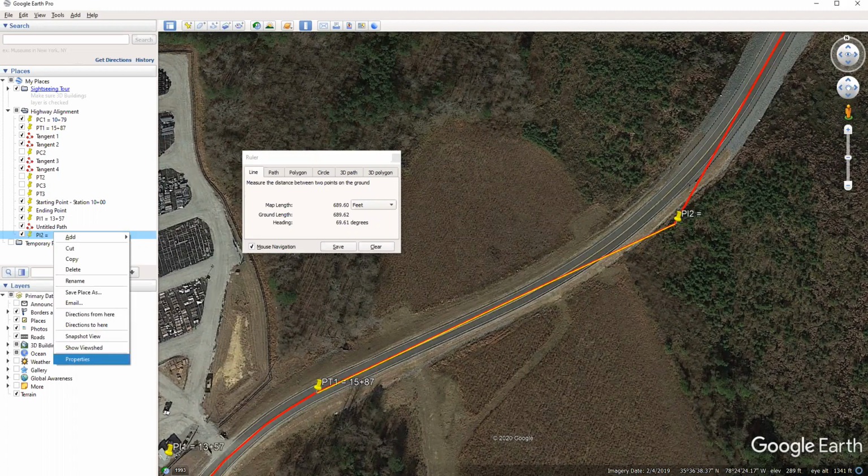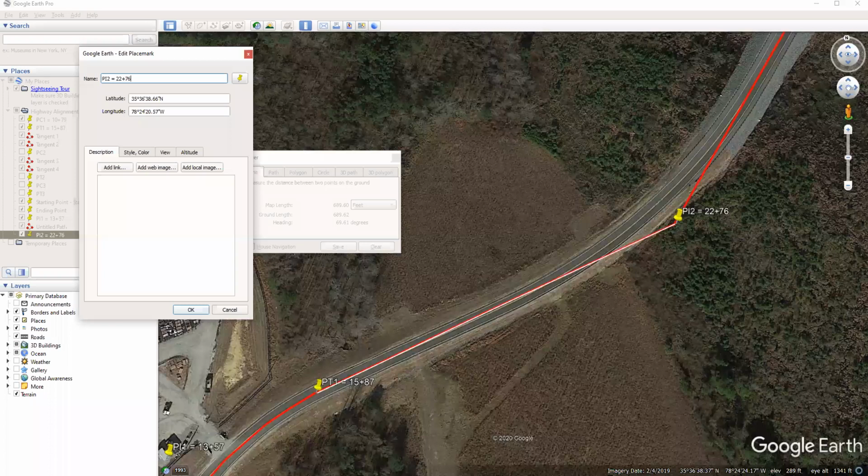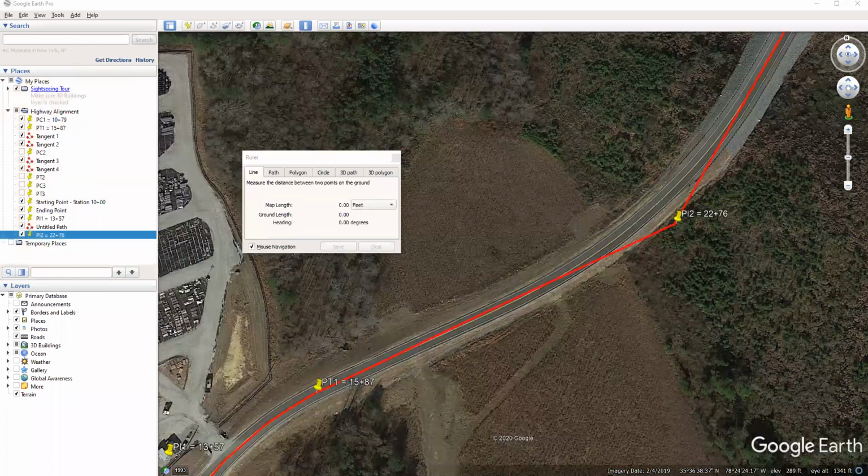So we know also our parameters for the second curve. Our tangent length is 350 feet. So we're going to subtract off 350 from our PI2. We can measure that. So we're going to go back 350 feet to establish the PC of this curve.